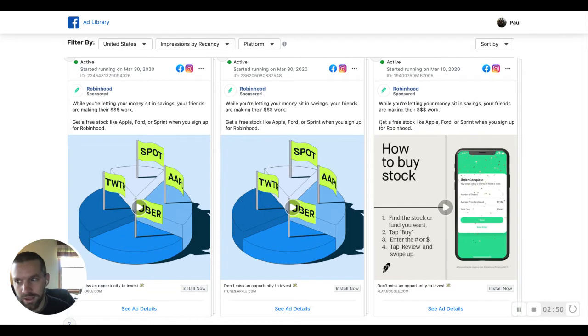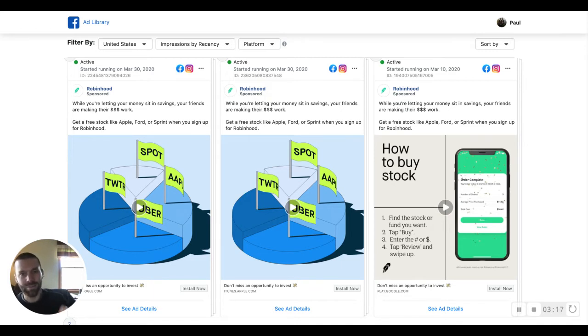All right. The first thing I want to look at is the copy and the hook. So while you're letting your money sit in savings, your friends are making their money work. I thought this was interesting because Robinhood in reality is competing with you investing your money elsewhere in places like maybe another brokerage account or maybe Vanguard.